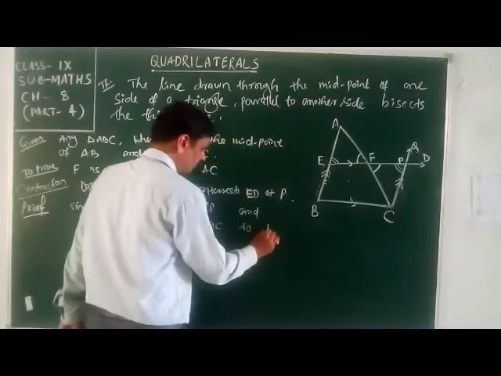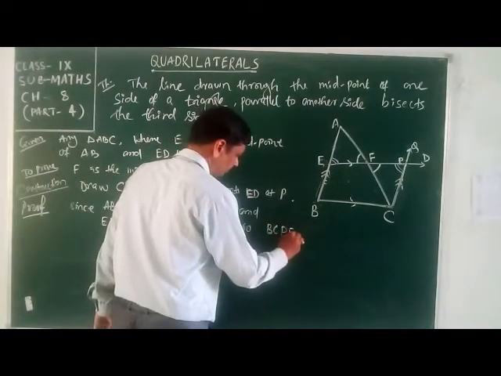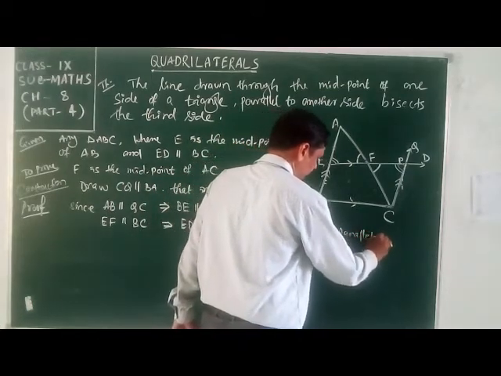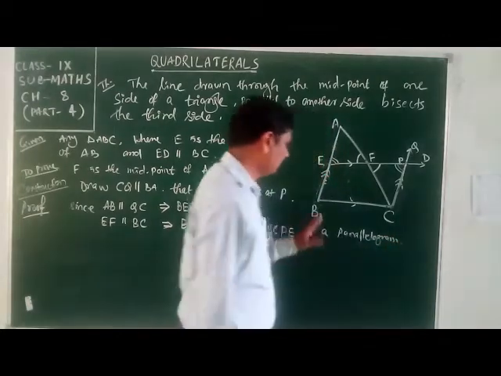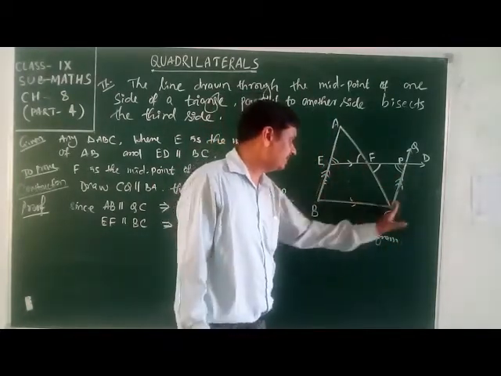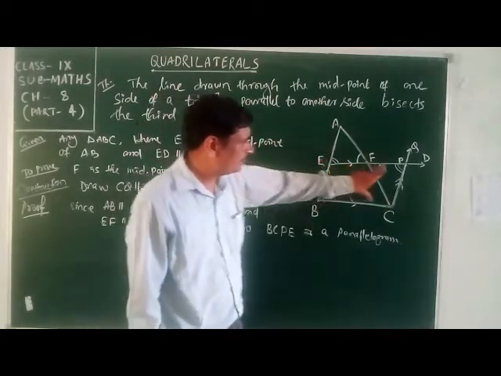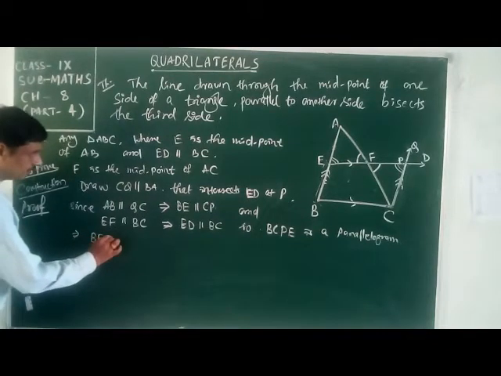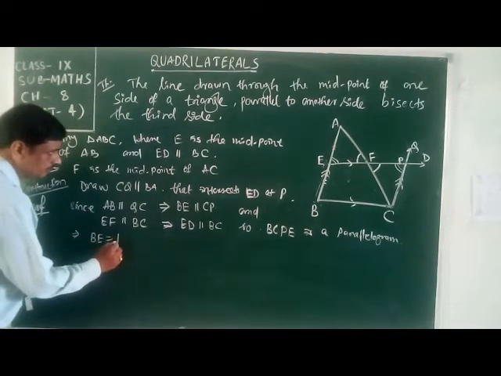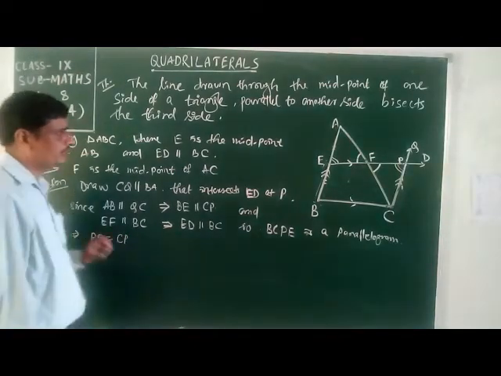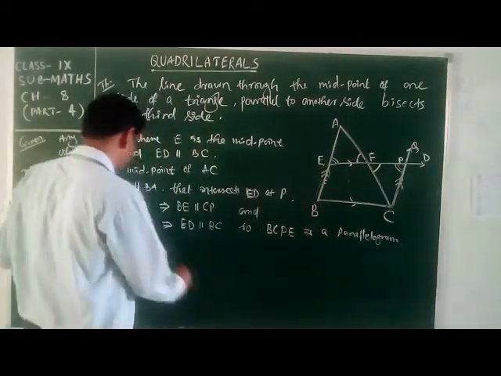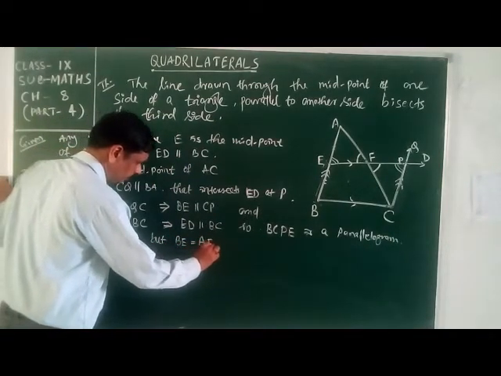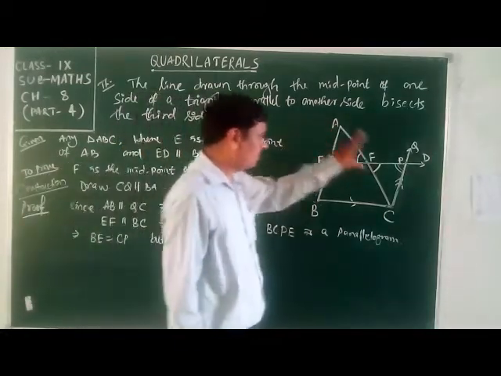BCPE is a parallelogram. Since BCPE is a parallelogram, BE and CP will be equal, but BE equals AE. This implies AE equals CP.